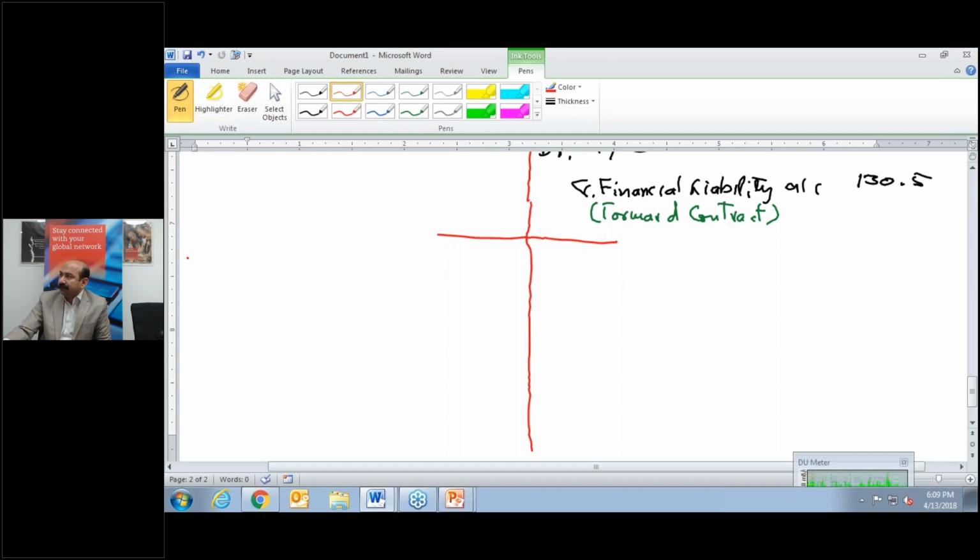On 1st November 2013, what was the spot rate? When we actually received this fixed asset, the spot rate moved to rupees 11.15 per SK.